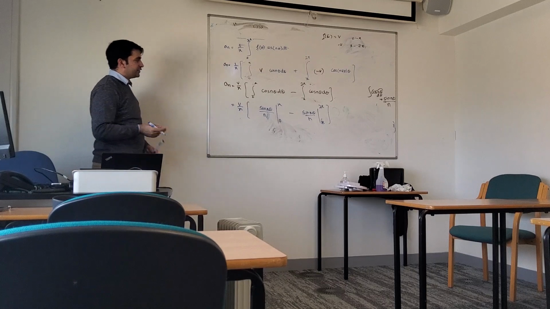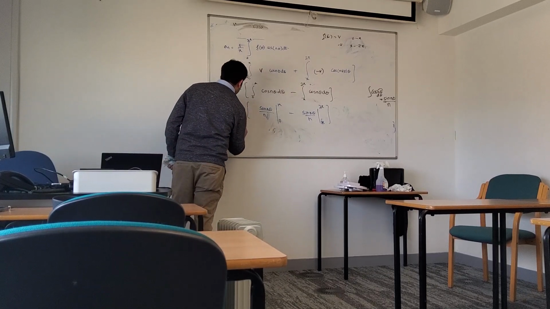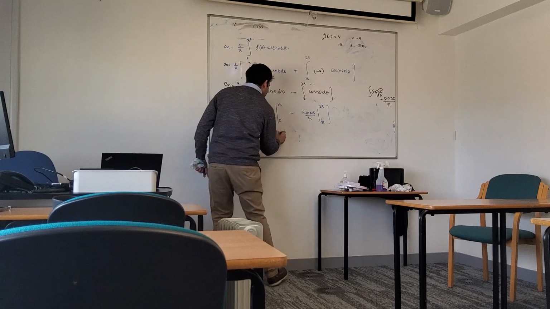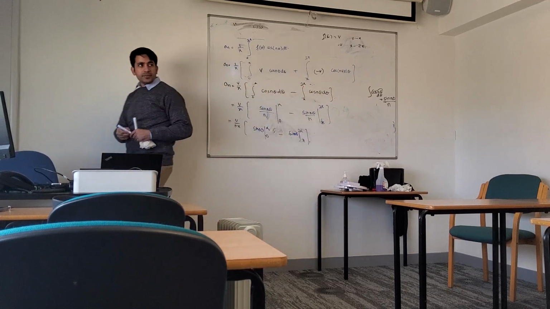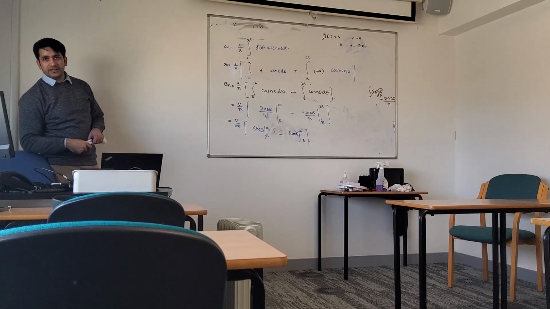Okay. Now the next step is to take n outside. So it will be v by n pi, and inside it will be sine n theta from 0 to pi minus sine n theta from pi to 2 pi. Now we need to apply the limits, right?